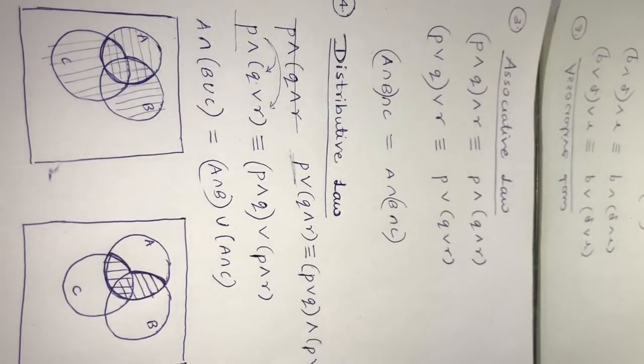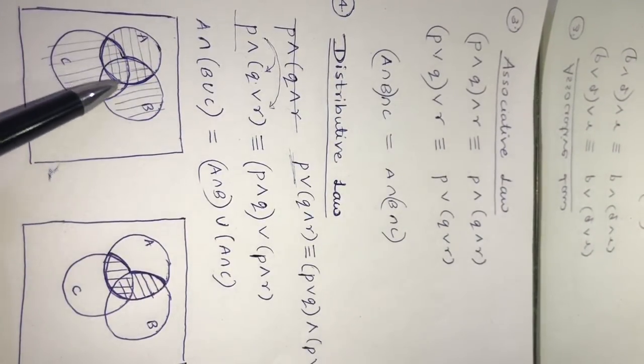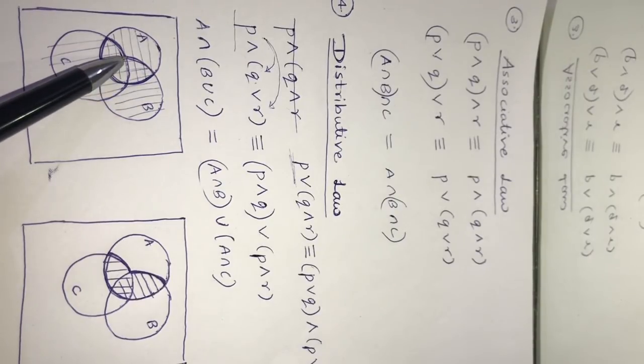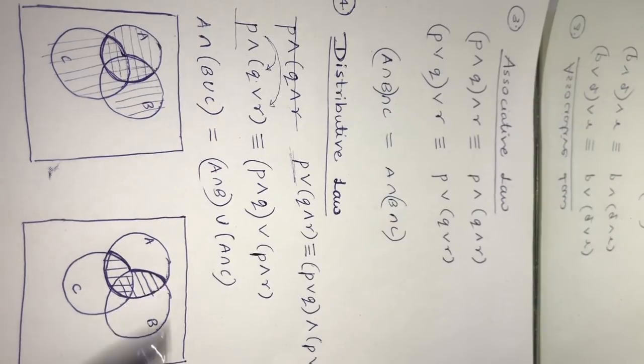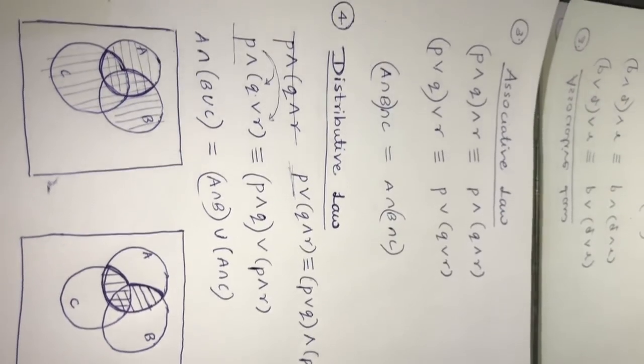Now you can see the region here, A intersection (B union C), is the same as the region here. Okay, so that is how we can in set theory also prove the statement left hand side is equal to right hand side. That is distributive law. In distributive law, we distribute the statement inside.